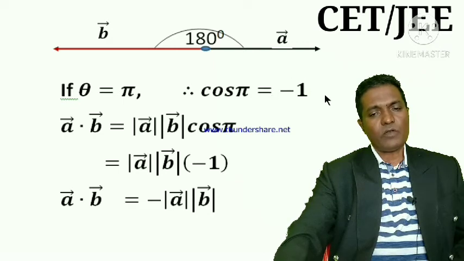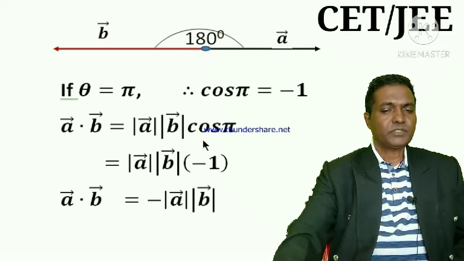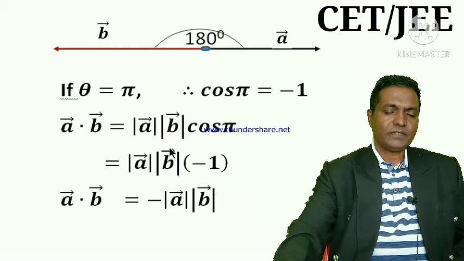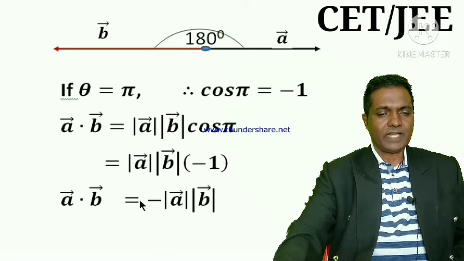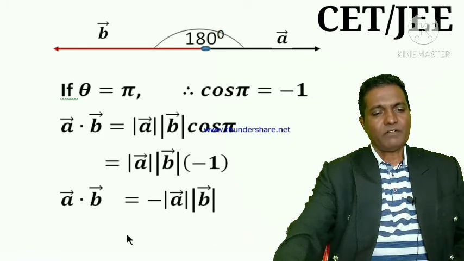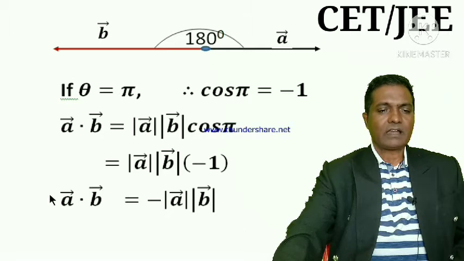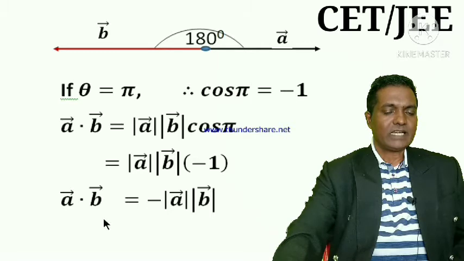So simply substituting in this formula, vector A dot vector B is magnitude of A into magnitude of B into cos of pi. So cos pi is minus 1. So A dot B is equal to minus of magnitude of A, magnitude of B. Remember that whenever the vectors are at an angle of 180 degrees, their dot product is this.